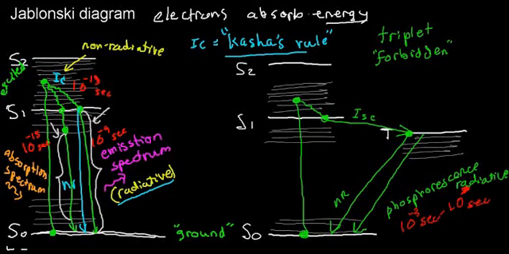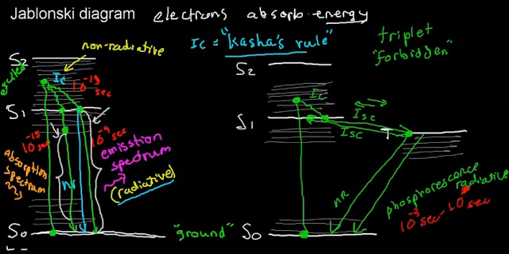Perfect. Now, another thing that may happen is that even though this electron went through intersystem crossing, it can go back from this triplet state to here. And this is also called intersystem crossing, meaning that intersystem crossing could go either way. I can go down here to the triplet state, or the forbidden state, and I can go back via intersystem crossing to my excited state.